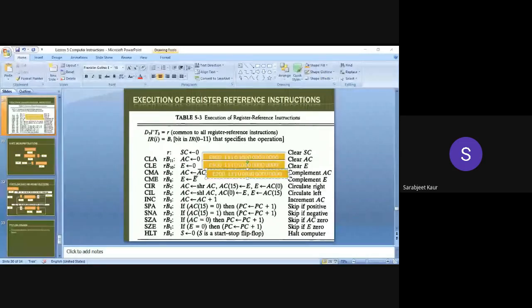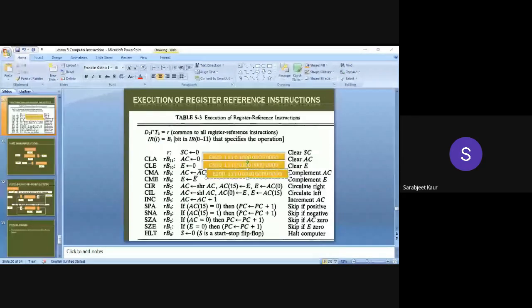Next is complement AC. So what do we have to do? We simply complement the contents which are there in AC. Similarly CME means complement the E bit. Now I'll take these two instructions in a moment.